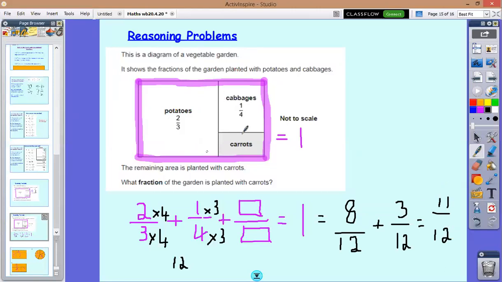So I know that these things here add up to 11 over 12. So actually to work this out, I need to find out what 1 whole is out of 12, which is 12 over 12. That means the carrots have to equal 1 over 12.